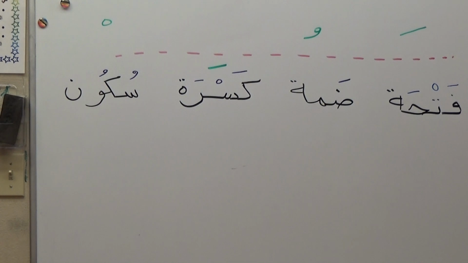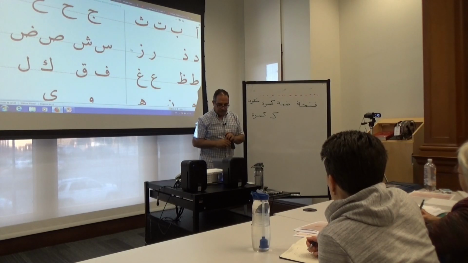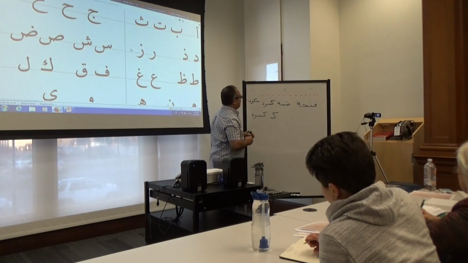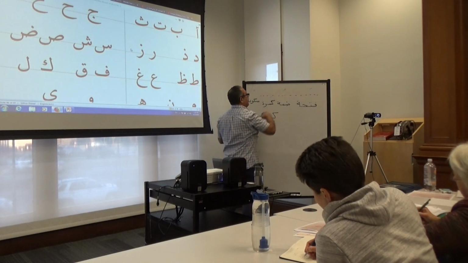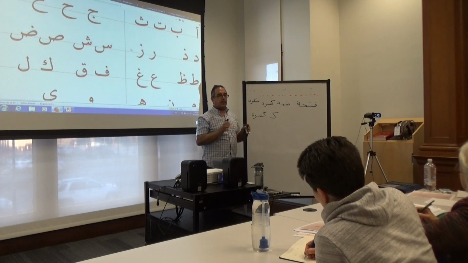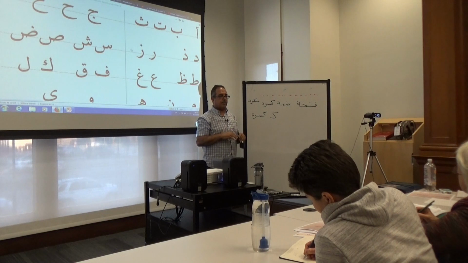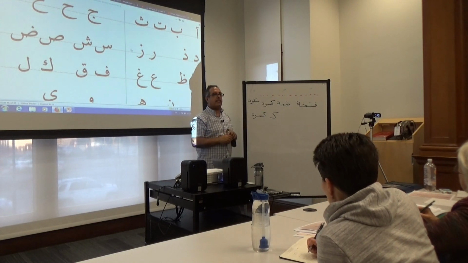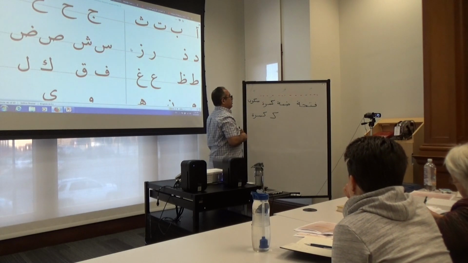Right? Now you notice all of them are on top of the baseline. They all go on top of the letters, except one. So only one goes underneath, and that is the Kasra. Okay? All right.